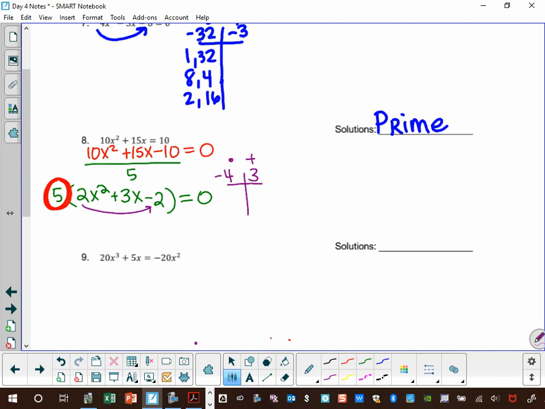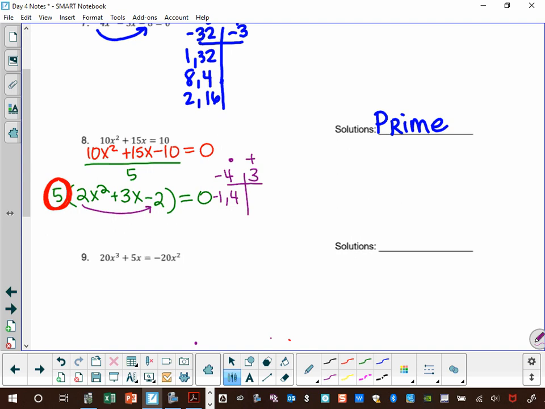We don't need our calculator for this, right? My factors of 4 are going to be 1 and 4 and 2 and 2. Which one could possibly give me 3? 1 and 4. What gets the negative here? The 1 or the 4? The 1. Negative 1 plus 4 gives me positive 3.